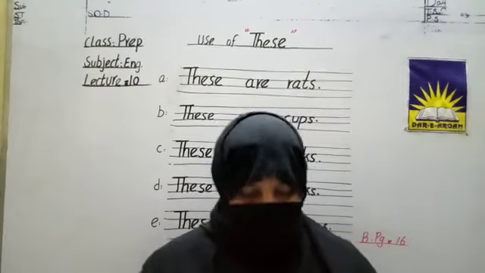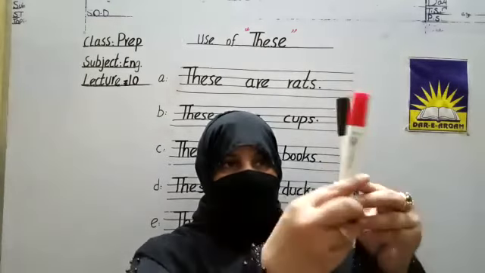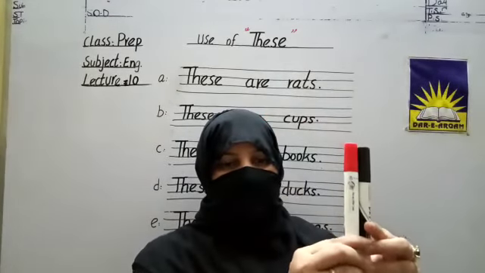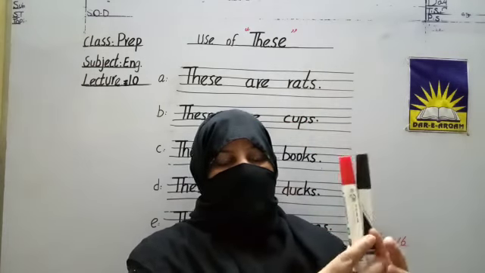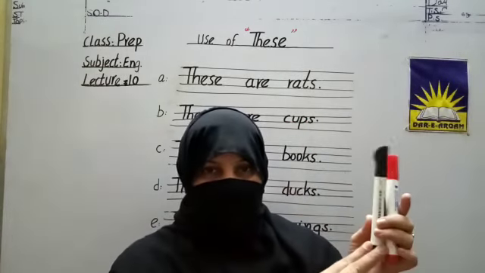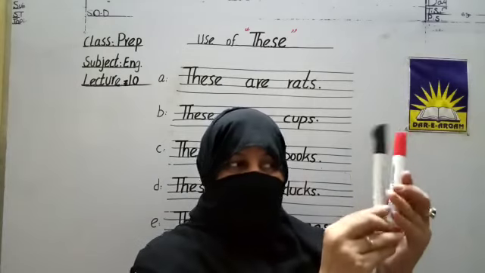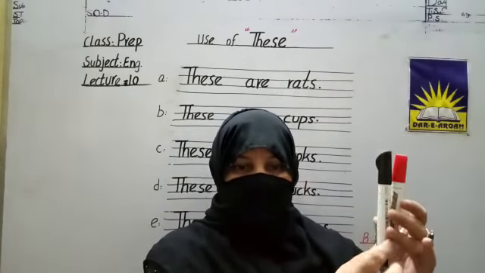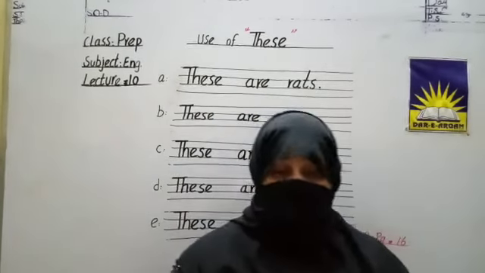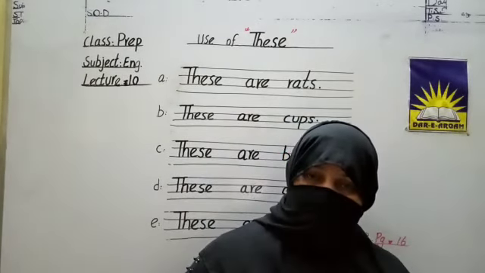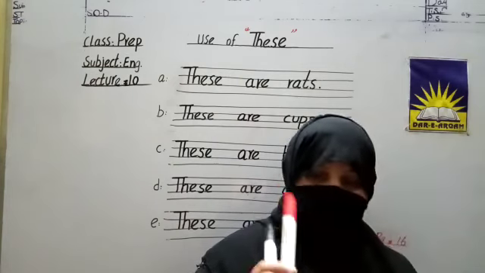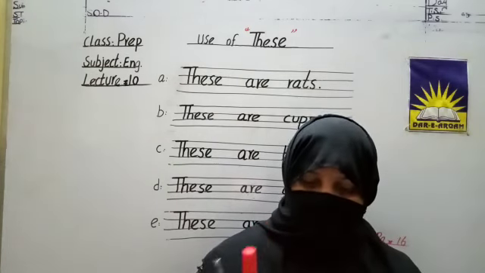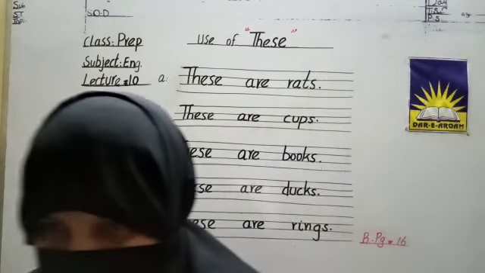For example, I have two markers. What do we use for these objects? These. These are markers and they are plural, and they are near to me. Clear, students? Let's start reading.